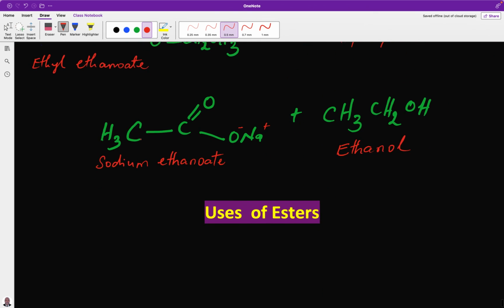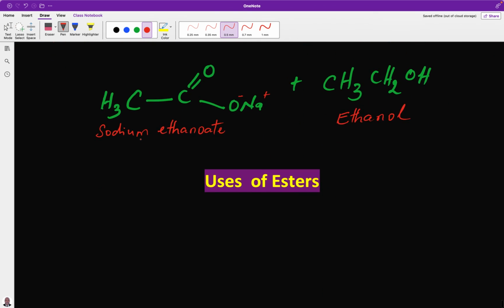Finally, because of their sweet, fruity smell, esters have many commercial uses because of the nature of the flavor that comes from them. They are now used as commercial products in many ways.